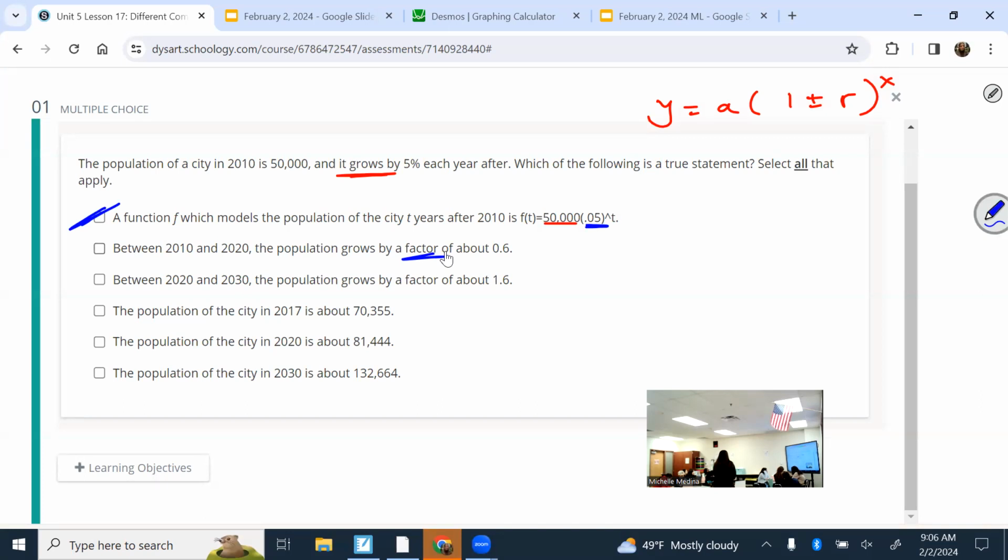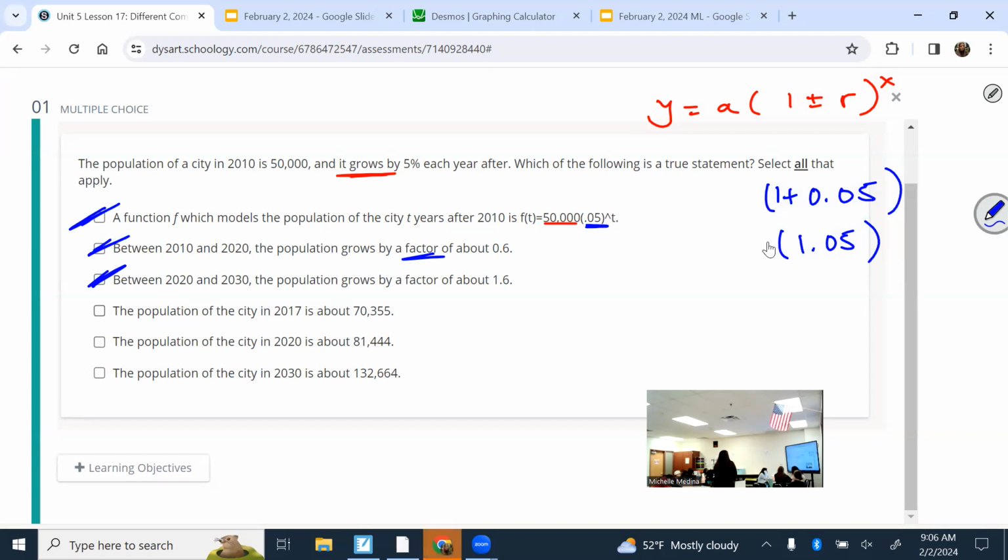Let's just see if our factor would be 0.6, which if I do 1 plus 5% as a decimal, what is 5% as a decimal? My growth factor should be 1.05 then. So not this one. I would also say 1.6 is not equivalent to 1.05, so I did not pick that one. We'll see if I'm wrong.